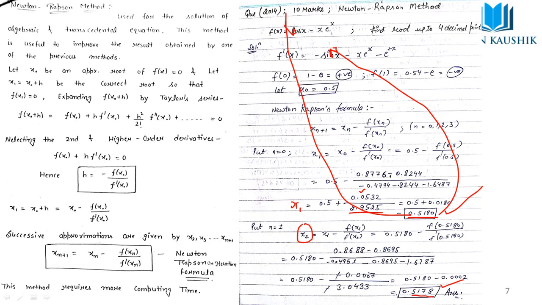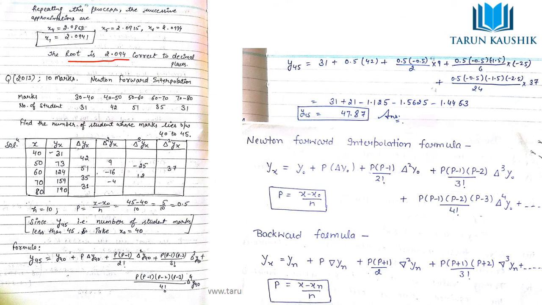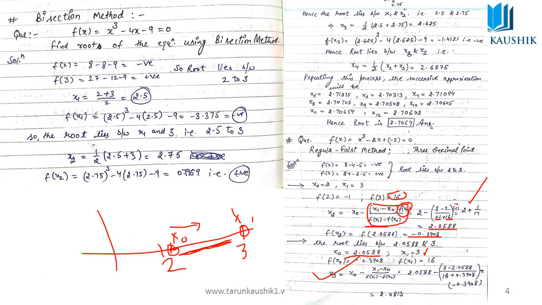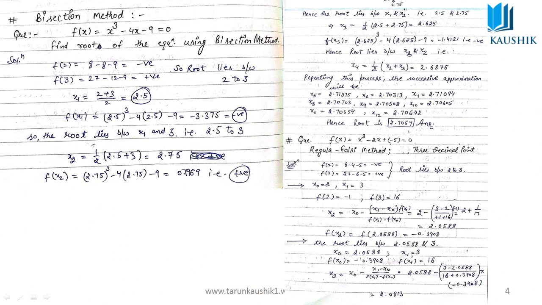And what about this numerical method? The thing is that this is a very simple process, or you can say simple mathematics, but you have to remember various things in this. Like in Newton-Raphson you have to remember this formula. In the bisection you have to remember this formula: final value minus initial value, and the value of the function at final value minus the value of the function at initial value.